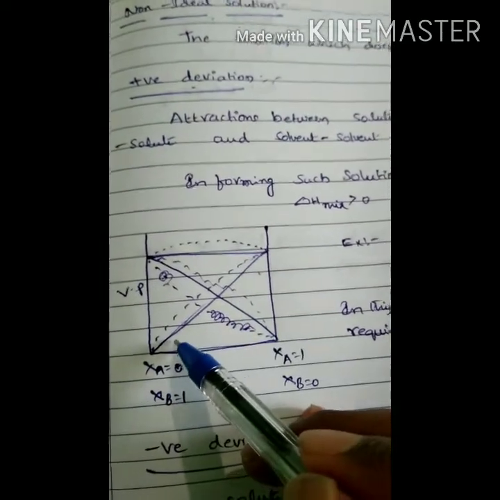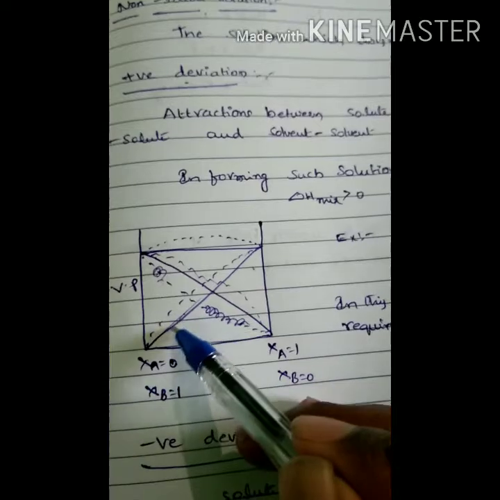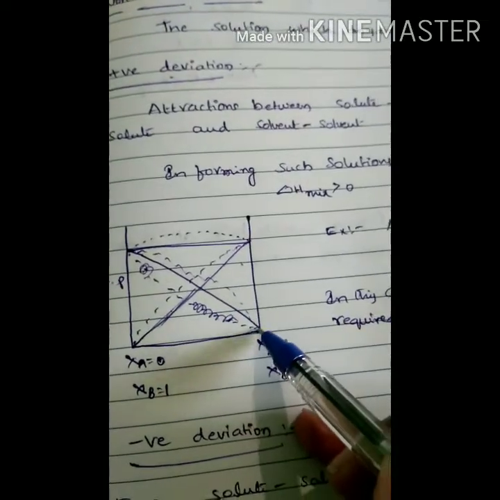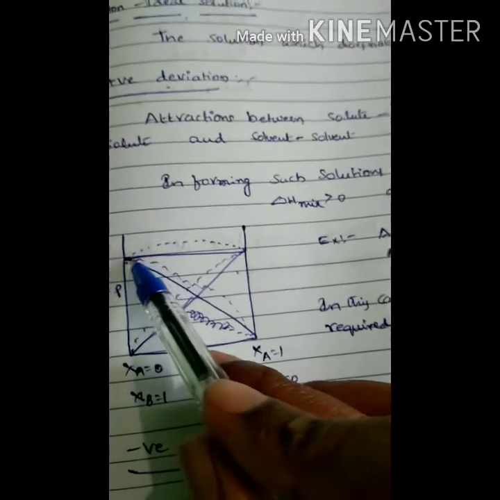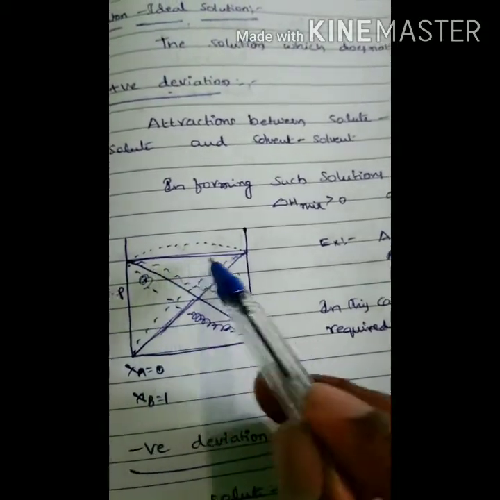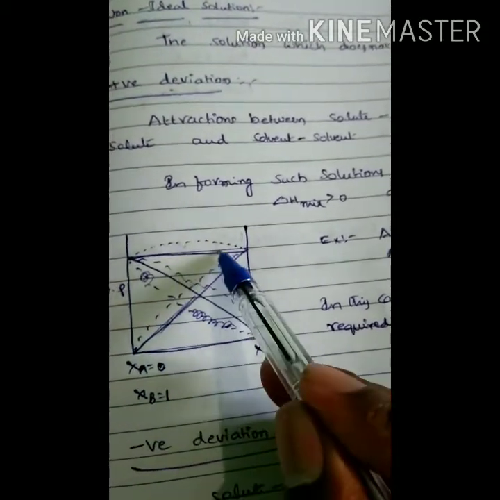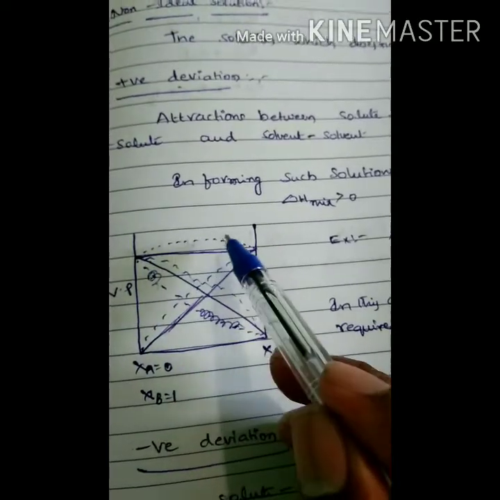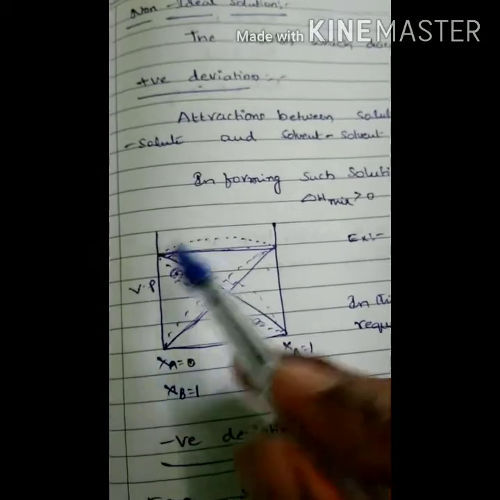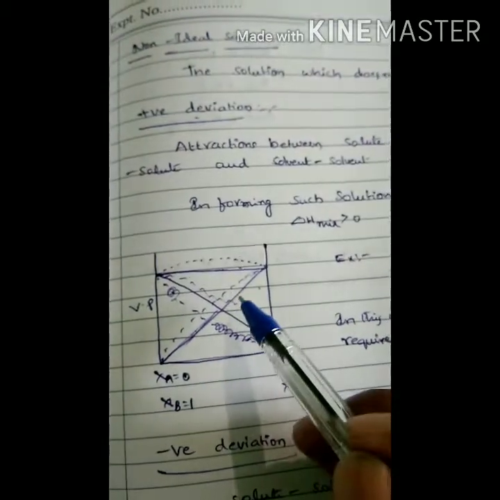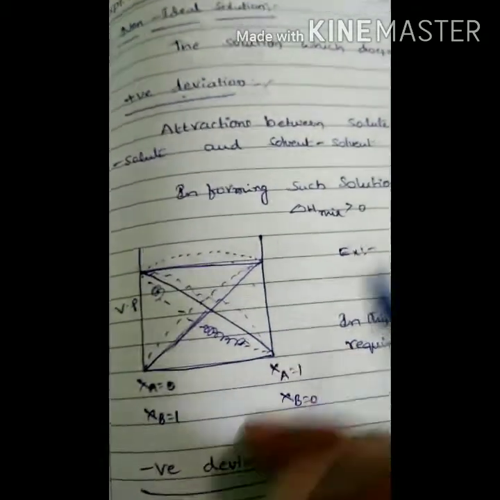So liquid A exhibits more vapor pressure than expected, and liquid B also exhibits more vapor pressure than expected. So this line indicates total vapor pressure. This is the expected total vapor pressure. Here also the total vapor pressure is more than expected. So this graph indicates positive deviation of non-ideal solution.